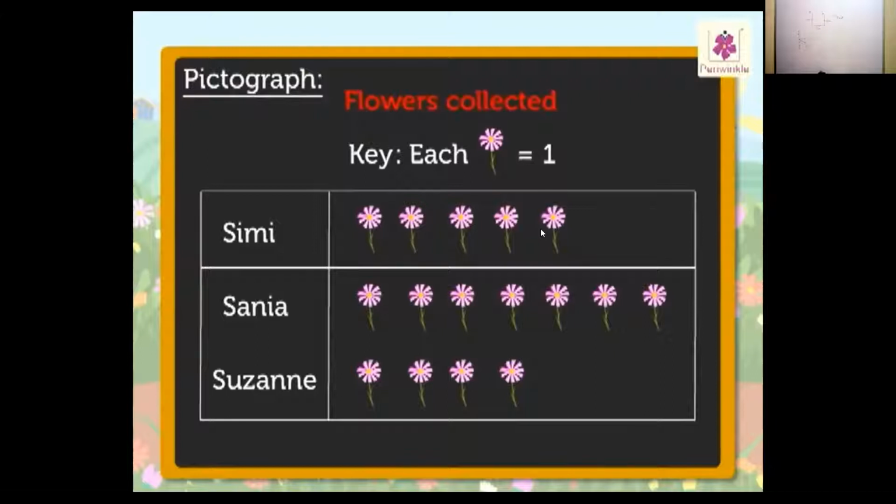The title, Flowers Collected, tells us the pictograph is about the number of flowers collected. The labels give us the information of who collected the flower. The key tells us that each flower picture is equal to one flower. Hence, from the pictograph, we can say Finny collected 5 flowers, Tanya collected 7 flowers, and Suzanne collected 4 flowers.